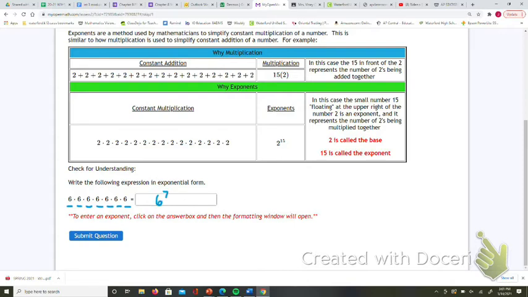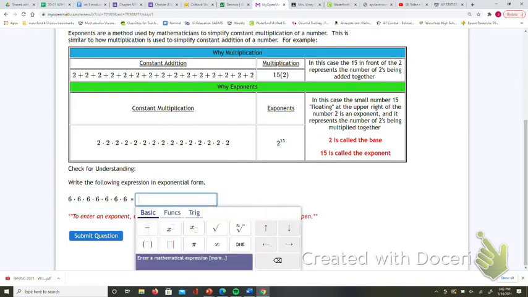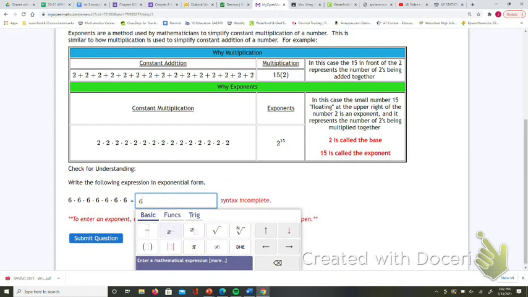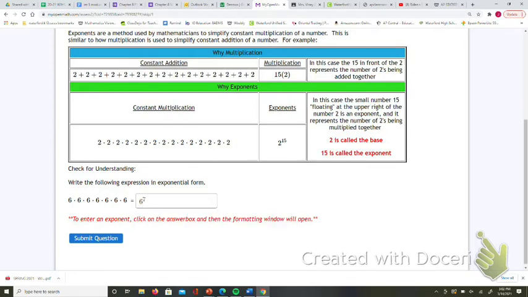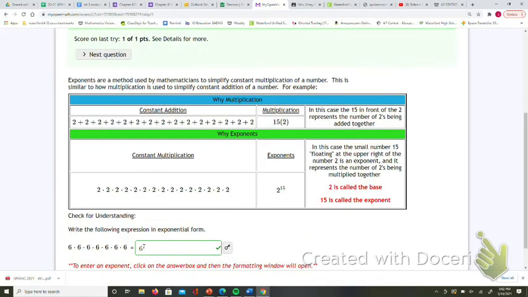Now, how do we do it if we're typing it in the calculator? We type the 6, and then we have this little button right here on the calculator that shows the little number that's floating, that's the exponent, and we click it, and we put in the 7. So that's the exponent button. And we submit. There you have it.